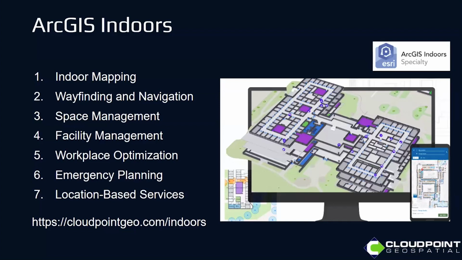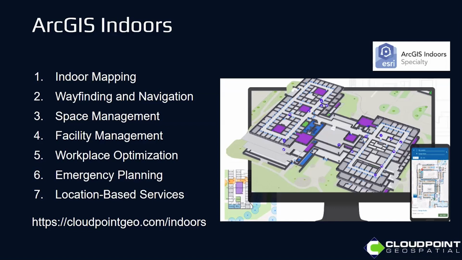buildings. The ArcGIS Indoors platform supports space management, where you can reclassify space use and assign occupants to different rooms and manage how your facilities are being used. Facility management, combining your space usage with your assets and mapping all of your facility assets within your campus, for example.